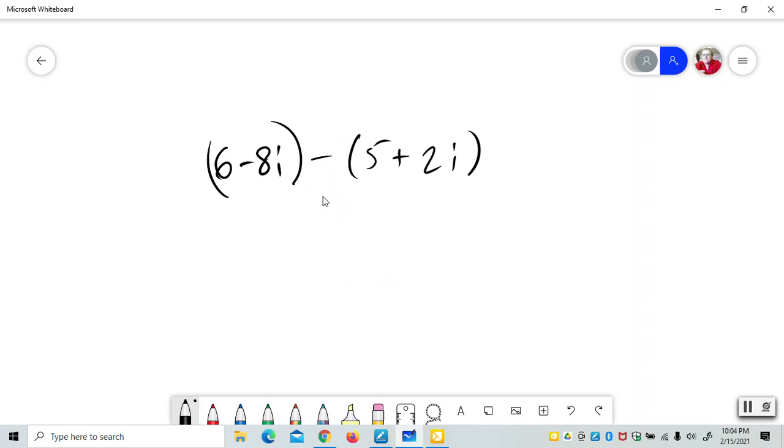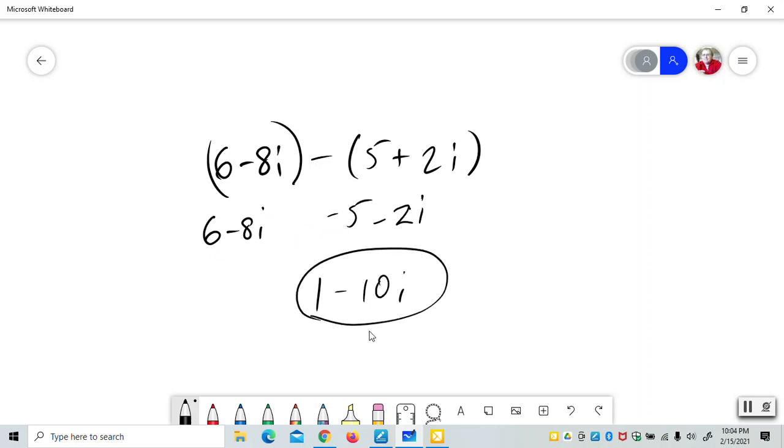You just distribute. Negative times a positive is a negative. Negative times a negative is a negative. Now, 6 minus 5 is 1. Negative 8i minus 2i is negative 10i. Boom. You've got it.